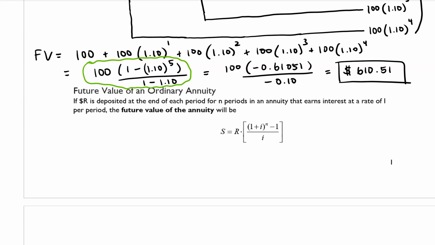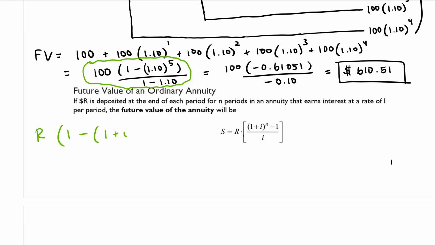So whatever amount that you start off with, let's say it's equal to R, or sorry, R would represent the regular payments, which in this case is $100, but in general, let's call it R.